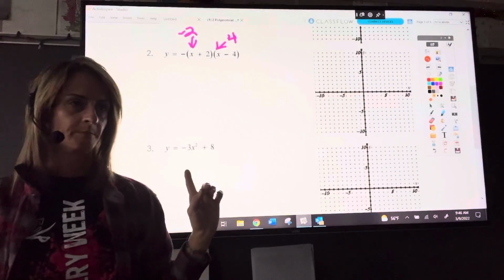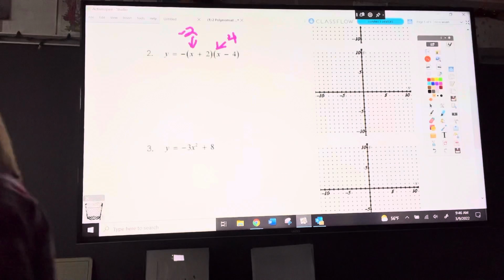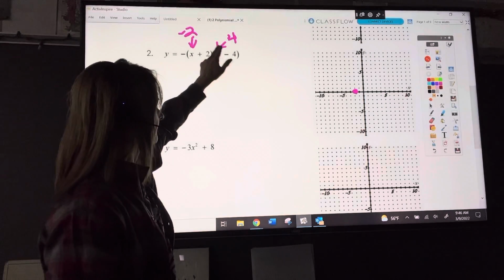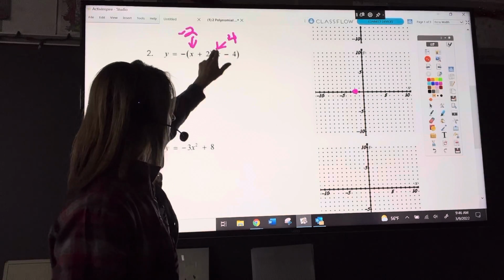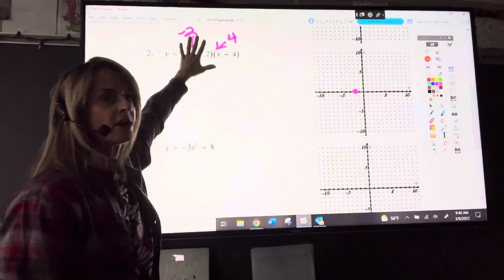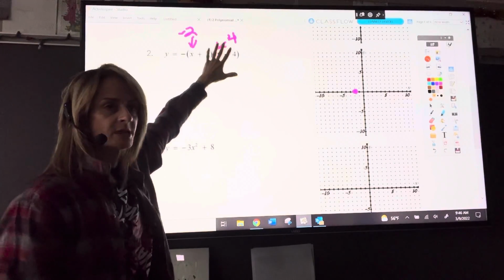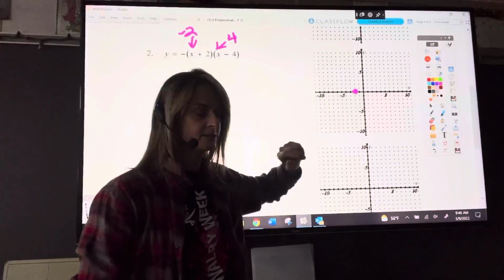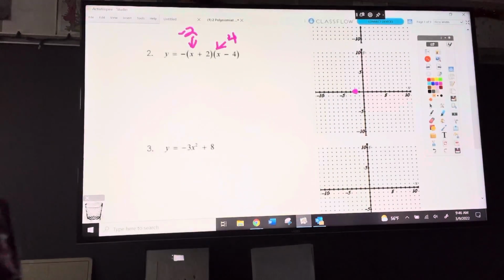Are we good with that? So I'm going to plot that. The other x-intercept is at 4, because if I plug in 4 into this factor, that makes this factor 0, and 0 times whatever is 0. So the other x-intercept is at 4, 0.